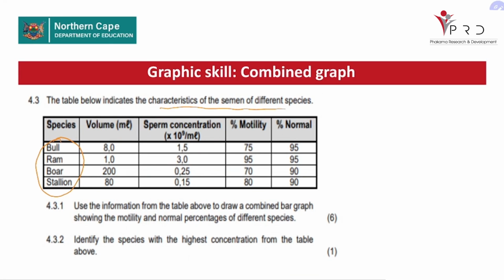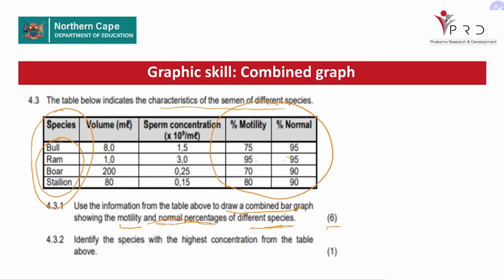You are given the volume of each semen, its concentration, motility and normal percentages. You are asked to use the information from the table to draw a combined bar graph showing motility and normal percentages, which means your focus is on these two, of different species, for 6 marks.